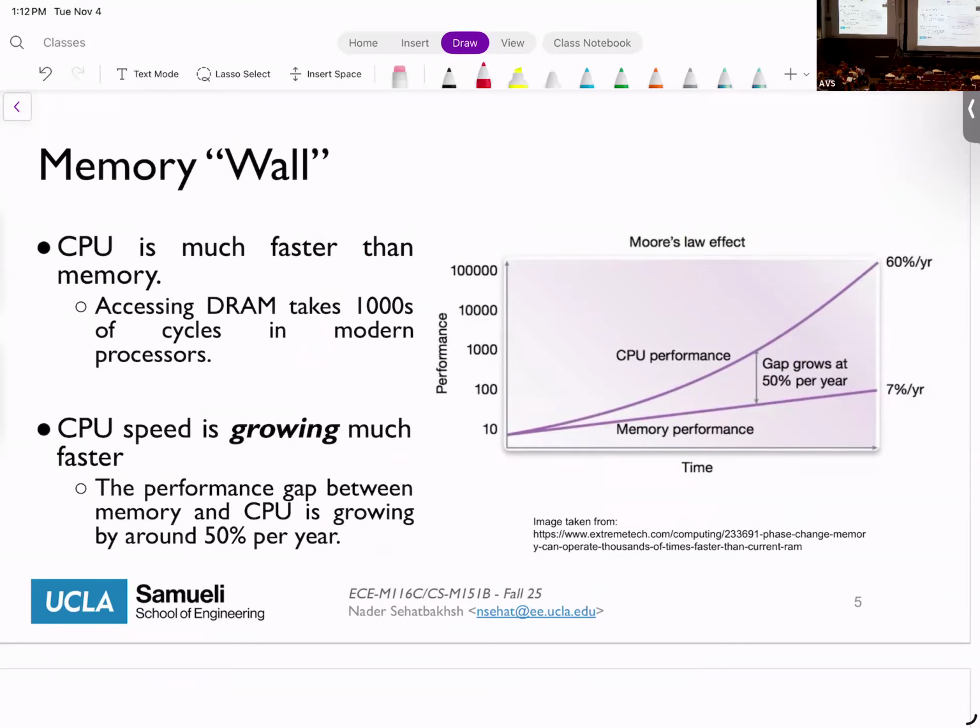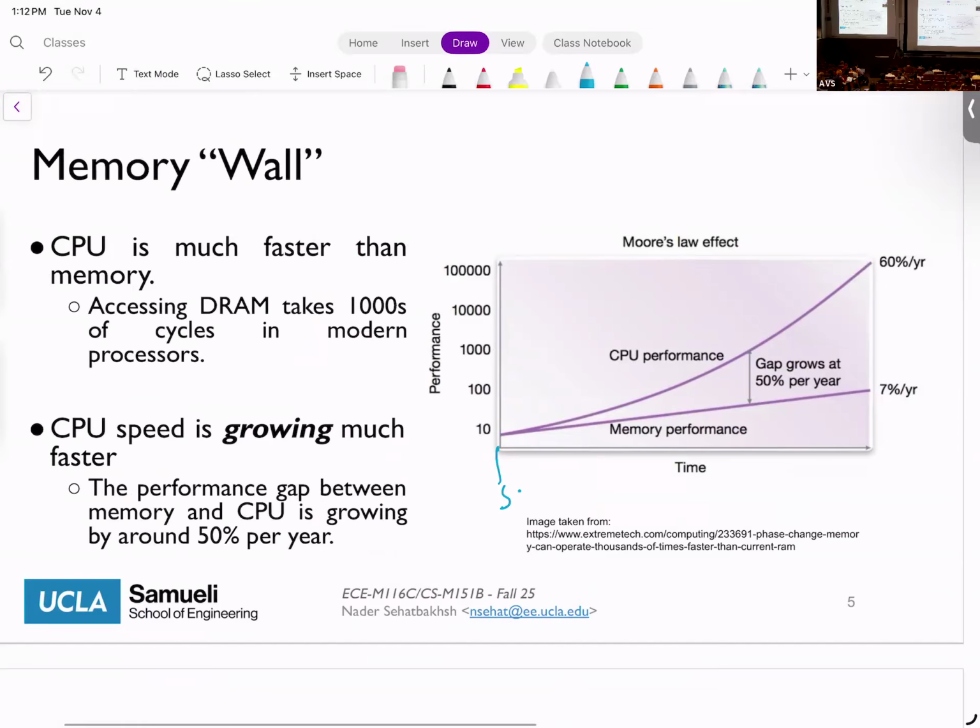Well, what happened is that over the years, from the early 50s all the way to right now, CPU performance grows significantly faster than the memory. The reason is that the technology that we are using for memory is fundamentally different than the technology that we're using for the processor. And while the processors get like 60% faster per year, unfortunately, memory gets only 7% faster per year.